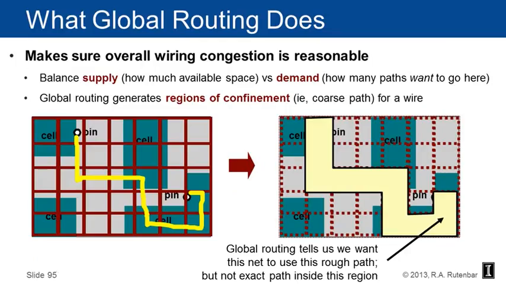So what global routing does is it makes sure that the overall wiring congestion is reasonable. And the way you can think of that is that it balances the supply of how much space is available versus the demand of how many paths want to go here. And so the other way to think about it is that global routing generates regions of confinement, a coarse path for a wire.